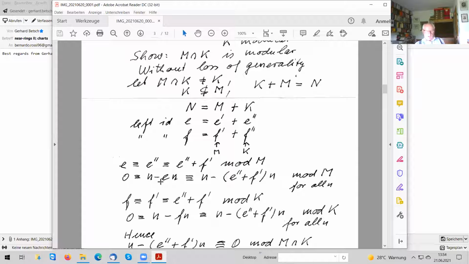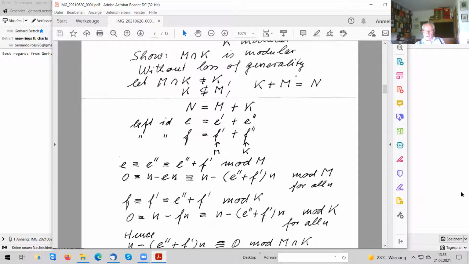Similarly, we have F is congruent to F prime, congruent to E double prime plus F prime modulo K. And 0 is congruent to n minus Fn, and for F we write (E double prime plus F prime) times n modulo K. And this must be true since that follows from the definition of modularity.